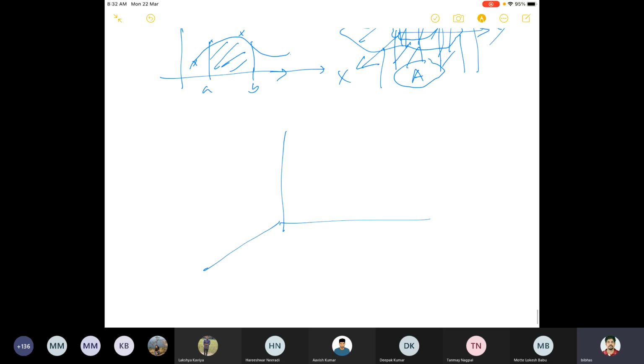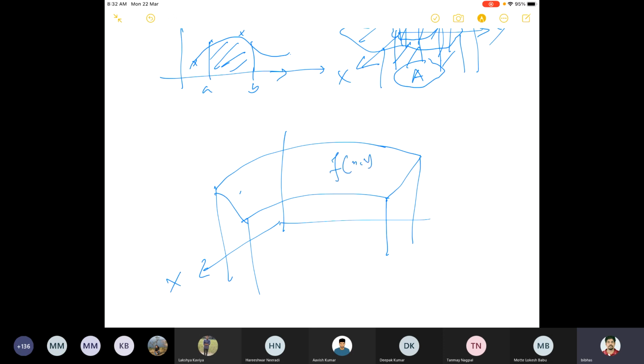So let's say I have this kind of a situation, and everywhere else it is 0. So this is my function f of xy. Basically this is a surface f of xy, and this is y, and this is some f of xy.